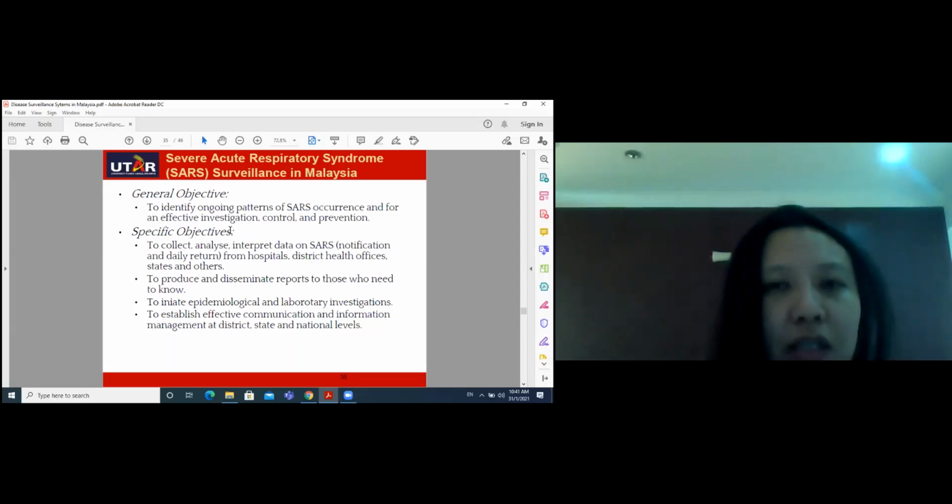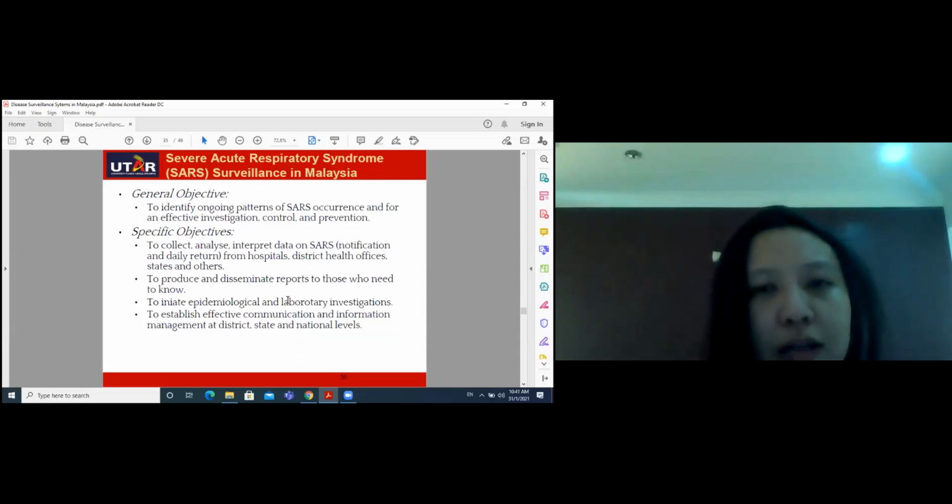The specific objectives are to collect, analyze, and interpret data on SARS, to produce and disseminate reports to those who need to know, and to initiate further epidemiological and laboratory investigation if any emerging strain of this virus is found. And finally, to establish effective communication and information management from the district, state, and national health levels, and to disseminate to the public.